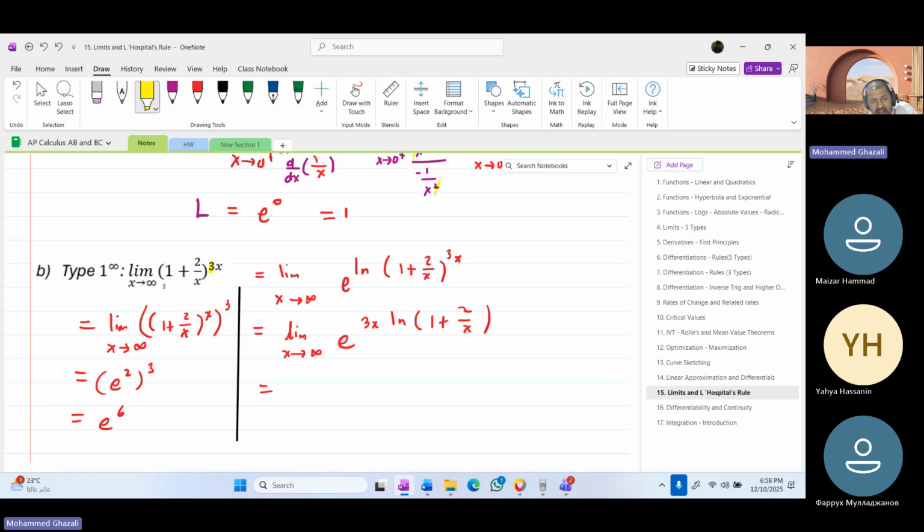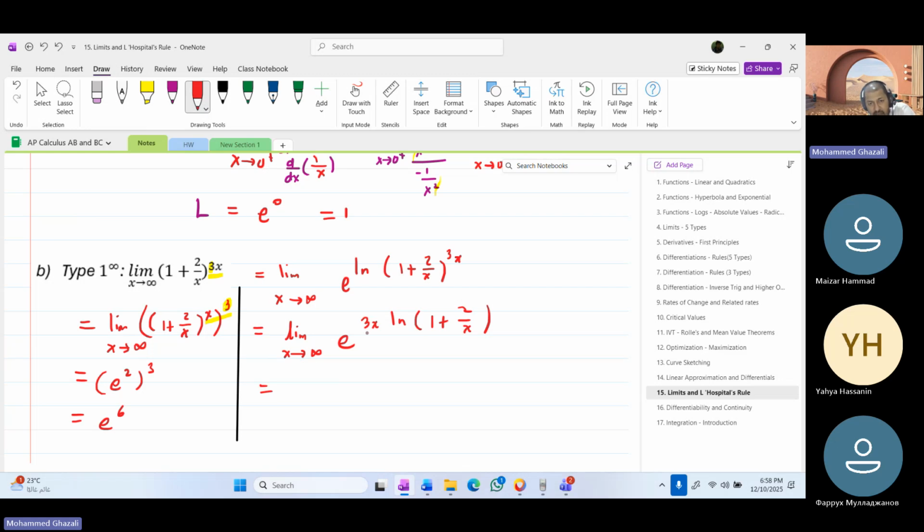Yahya identified this as 1 plus 2 over x to the power x as e squared. So e squared cubed. Remember, the 3 can go on the outside. 3 times x is 3x. So it doesn't make a difference whether you write it like this or like this. It's a trick. Now, anyways, let's solve this.